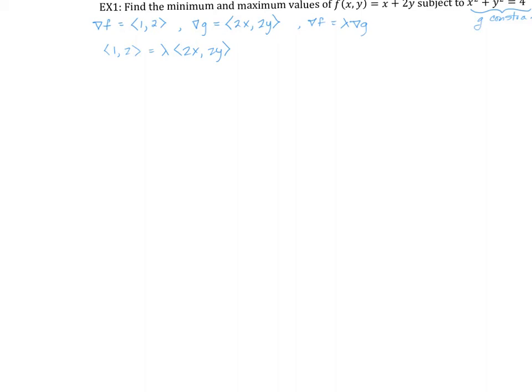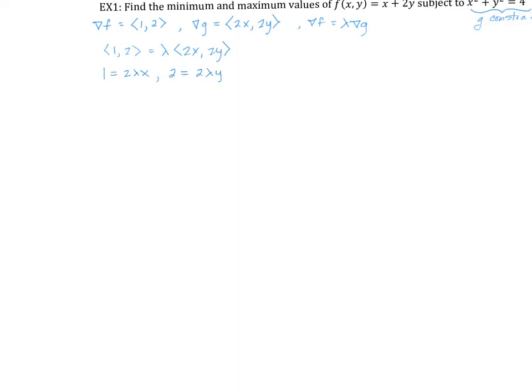Remember, they have to be equal component-wise, so that means 1 is equal to lambda times 2x, or 2 lambda x. 2 is equal to 2 lambda y.